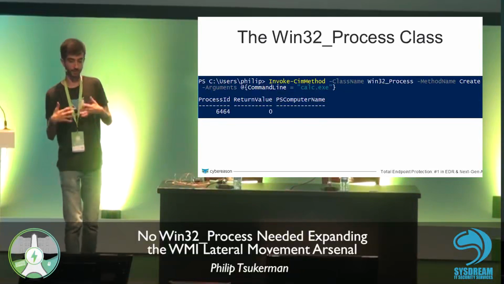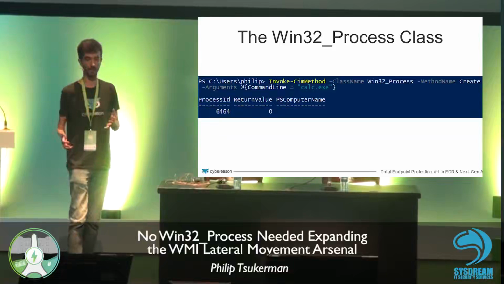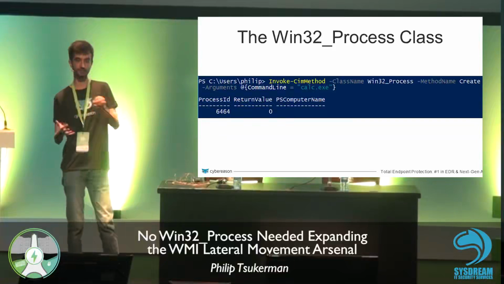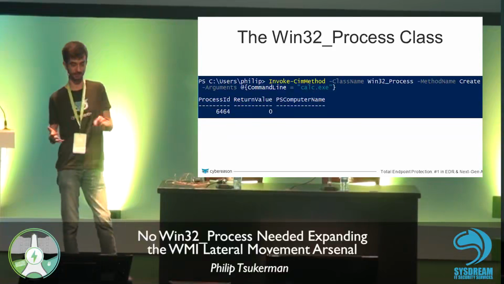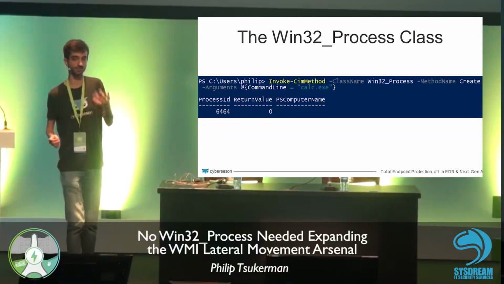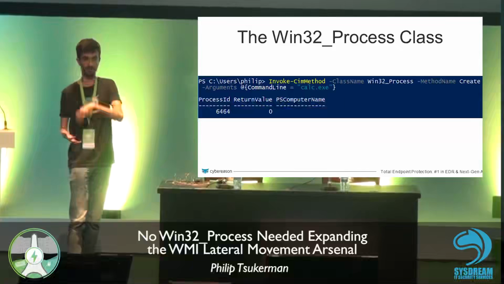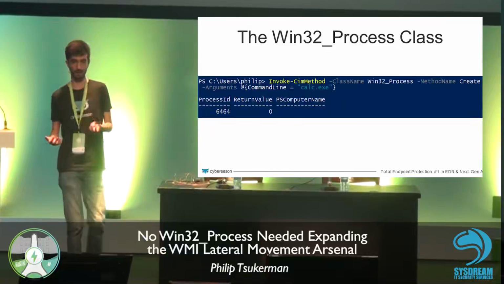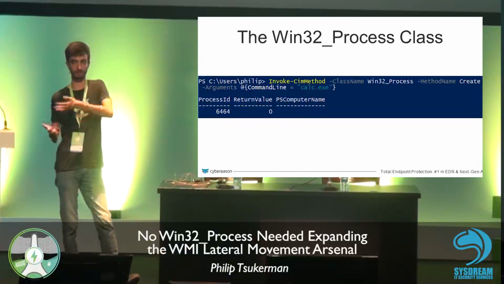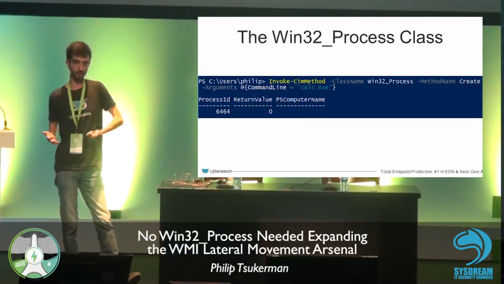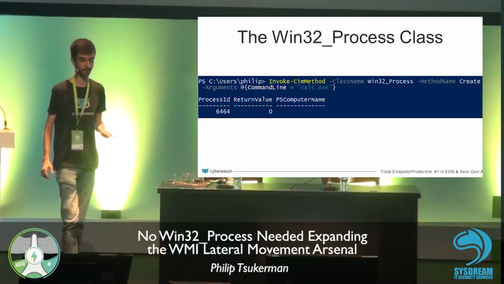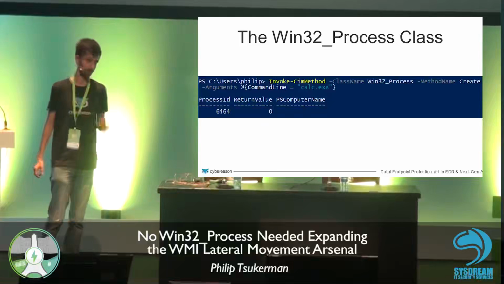The WMI service checks which provider is responsible for implementing this method of this class, and routes the request to the provider. The provider then executes whatever is needed, returns to the service, and the service returns our return value to the user.